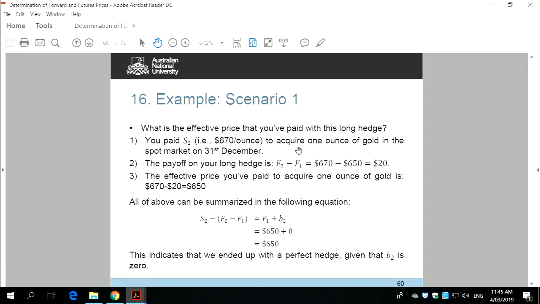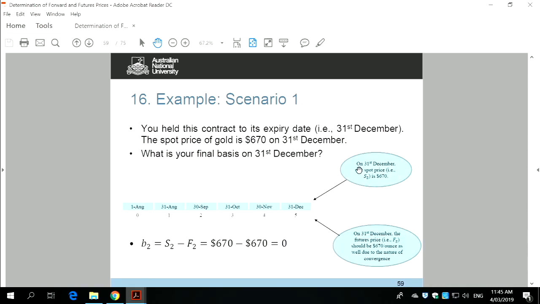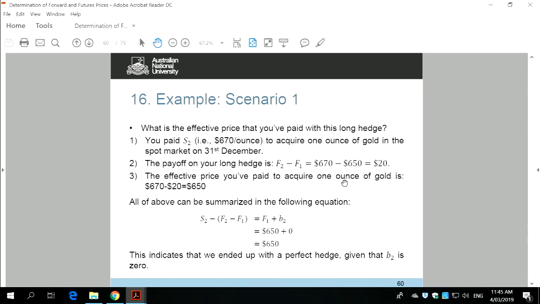Why? Because you actually made some money in your futures, in your long hedge, right? How much did you make? You locked yourself to buy at a price of 650, and you close it off at the maturity date by shorting the very same contract on the very same maturity date at 670. As I mentioned, the futures price should converge with the spot price at the maturity date.